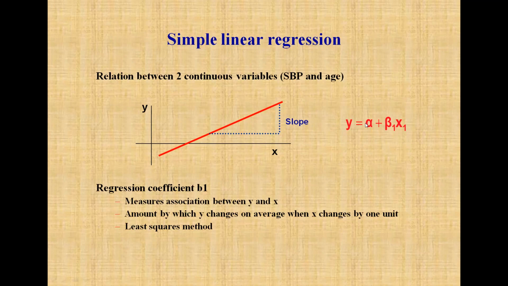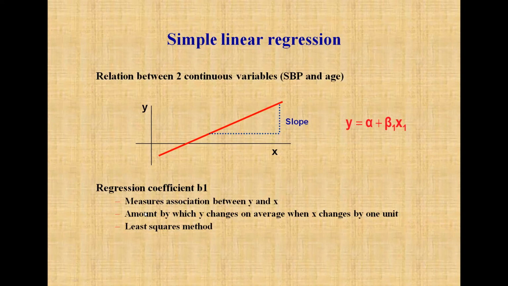Alpha is the intercept. When beta 1 is 0, y becomes alpha. So this alpha can be interpreted as the starting value, the value that must be available when the coefficient is equal to 0.